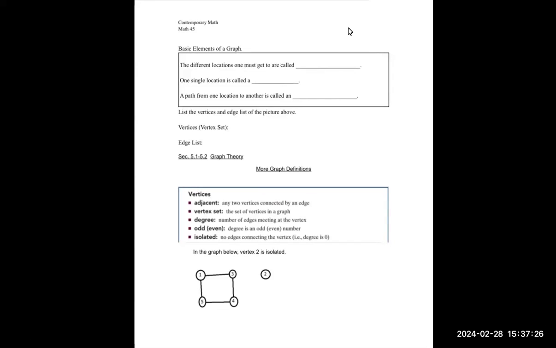Those are called vertices. Vertices is plural, many places. If you're talking about just one simple location, it's a vertex.